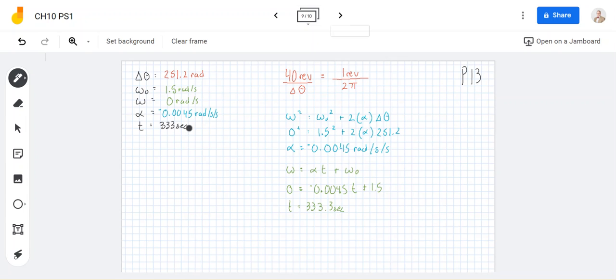So this next part I think is interesting because it says, how much time is required for it to complete the first 20 of the 40 revolutions? So we're going to use the same process here, but we're going to use a different delta theta variable here. So instead of using 40 revolutions, we're only going to do 20. So in this case, our delta theta is going to be half of this.